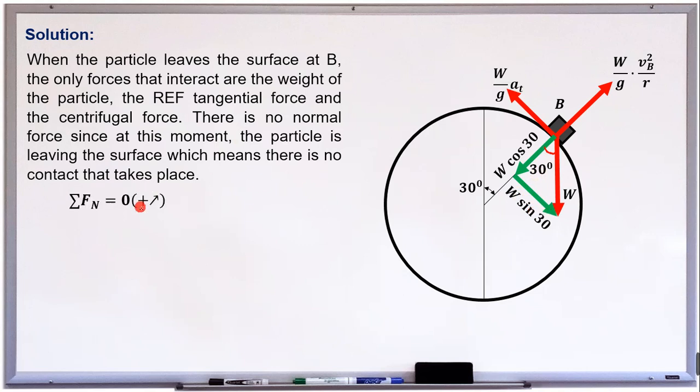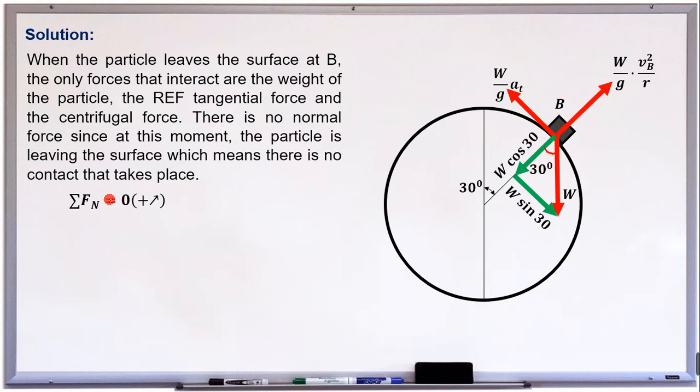Now, if we take summation of forces along the normal axis, this one right here, that is equal to 0, because although the object moves, we already considered the reversed effective forces, so this is now under dynamic equilibrium.